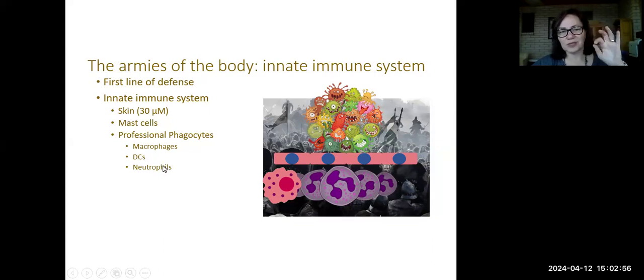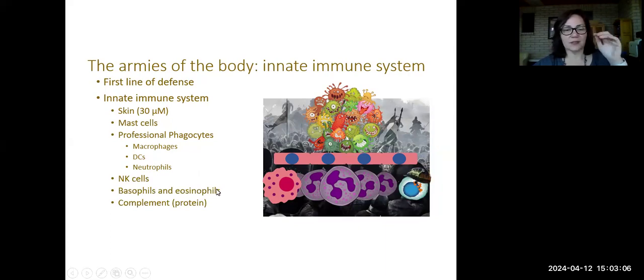Dendritic cells, we're going to talk about a little bit, and neutrophils. These are another one of the five kinds of white blood cells. Then in addition to these, we also have some so-called natural killer cells, which is one of the cooler names that cells get. And then more of the five kinds of white blood cells, basophils and eosinophils.